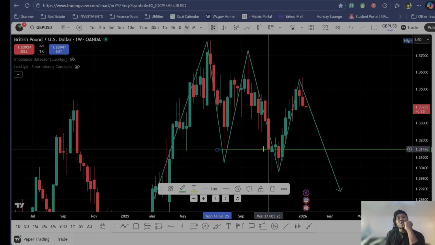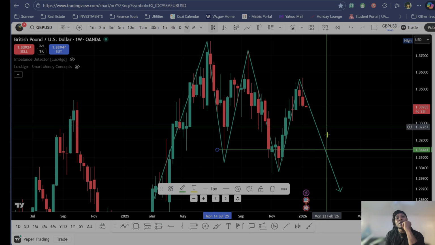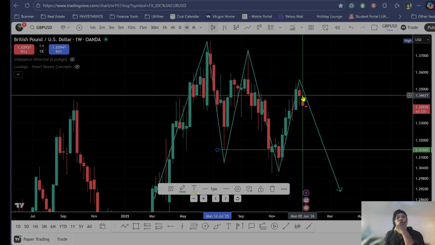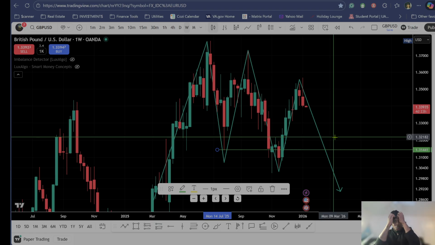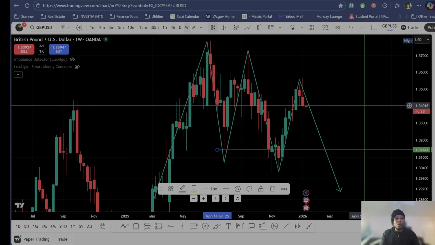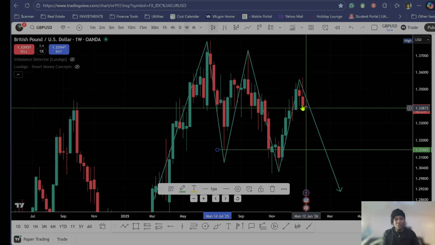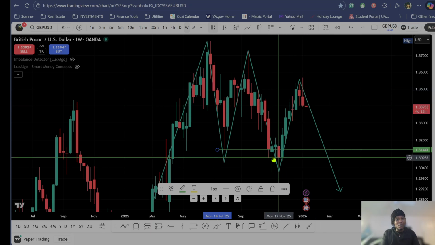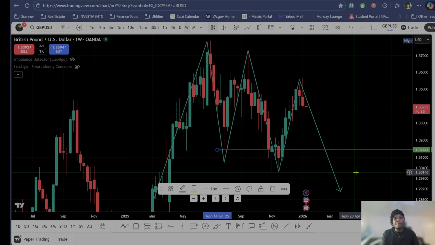So I told you, once the market breaks something, it starts to pull back, it starts to retrace. So now we're basically building our narrative. What is going on in the market? Do we think the market is going to go down, or do we think the market is going to push up? Again, this is a high time frame. These take weeks. This is 3 weeks in the making, so you can imagine how long this takes.